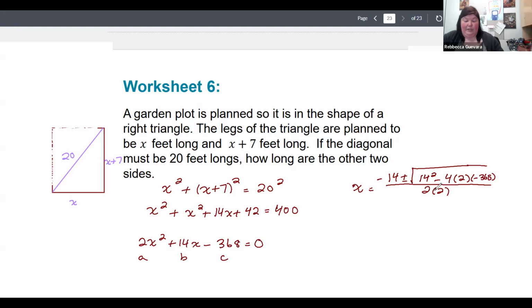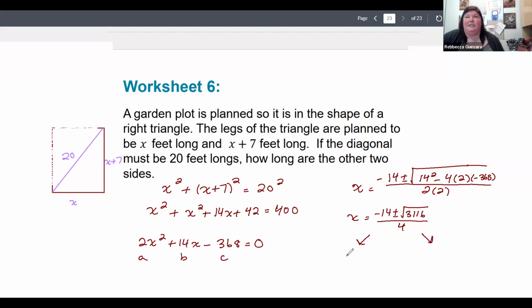Okay, so if we do the 14 squared minus the 4 times the 2 times the negative 368, that means we're going to get x is equal to negative 14 plus or minus the square root of 3,116, all divided by 4.